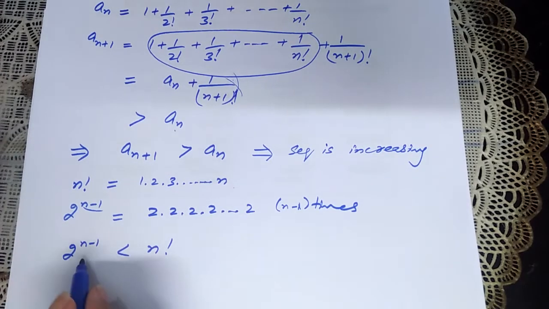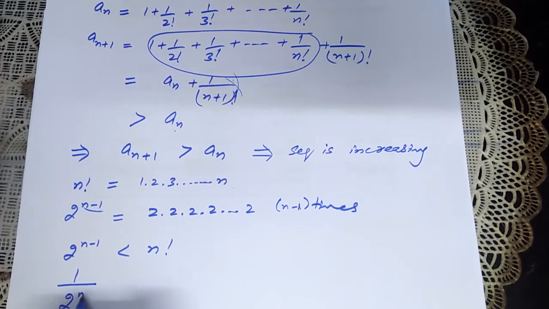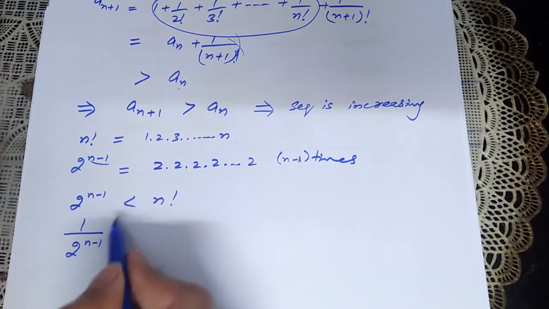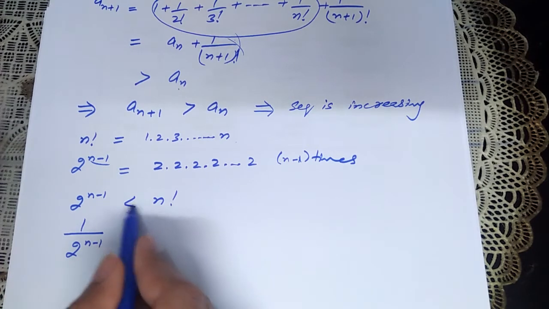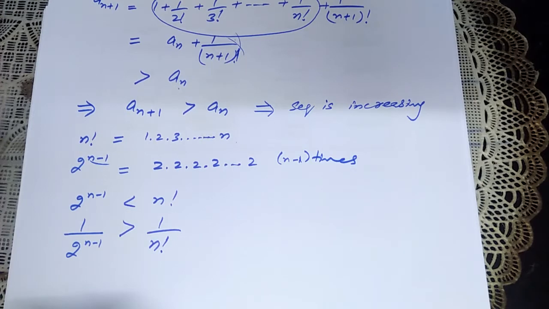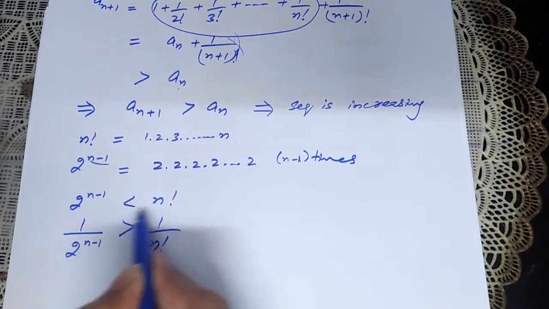And if I take the reciprocals, 1 over 2 raised to power n minus 1, the inequality will change, and the less than will change into greater than 1 over n factorial. Because you know that 2 raised to power n minus 1 is less than n factorial.